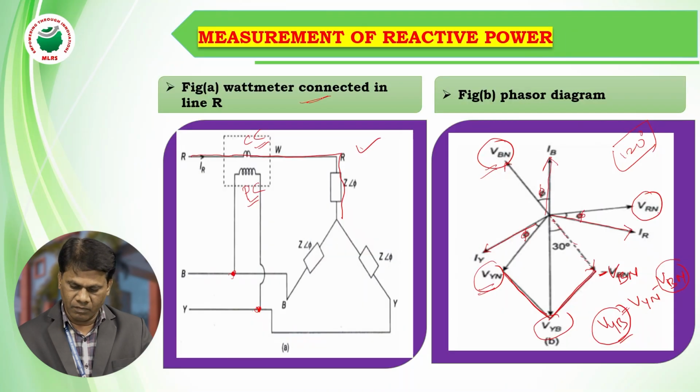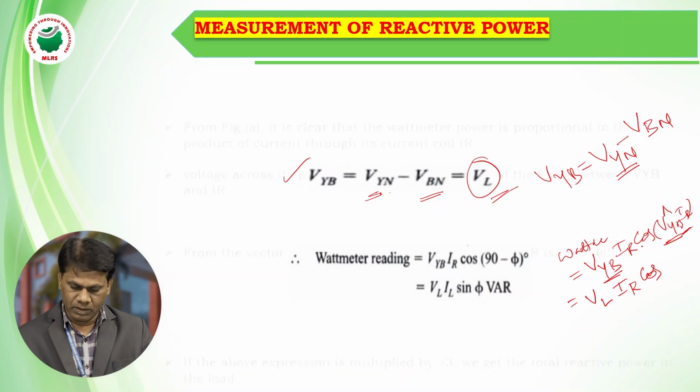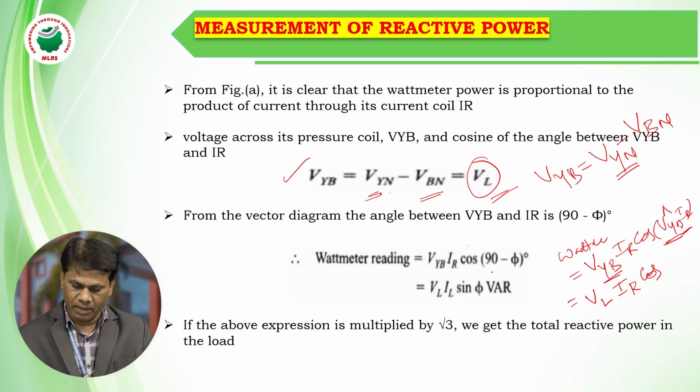Here VYB is the line voltage, and IR is the current in the R line. The angle between VYB and IR is 90 minus phi, as I have written here. So this gives VL IL sin phi, since cos of 90 minus phi is sin phi.